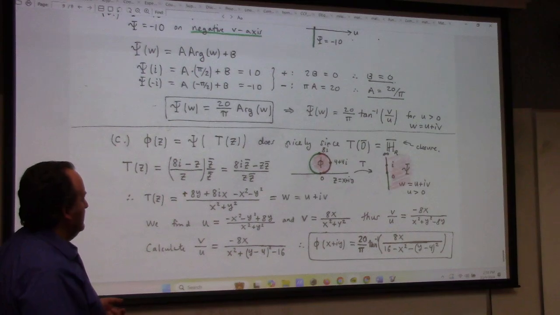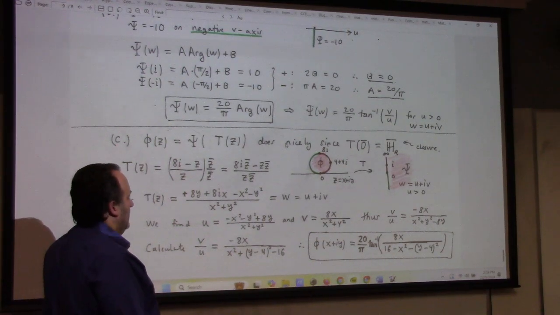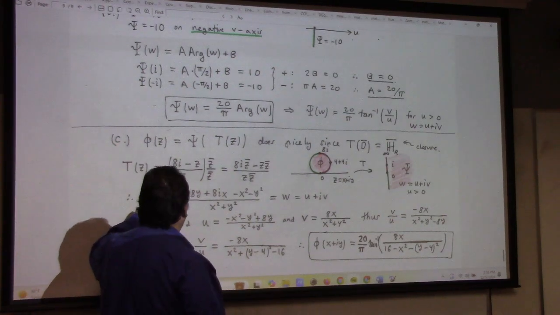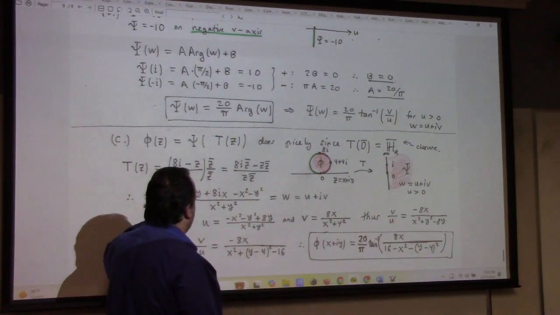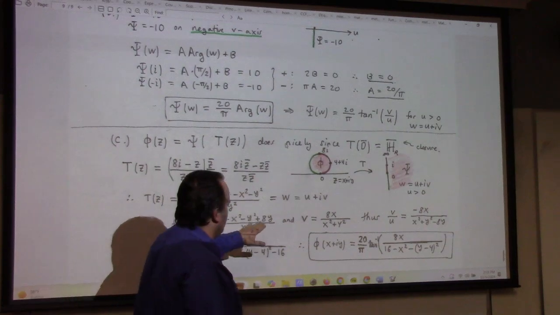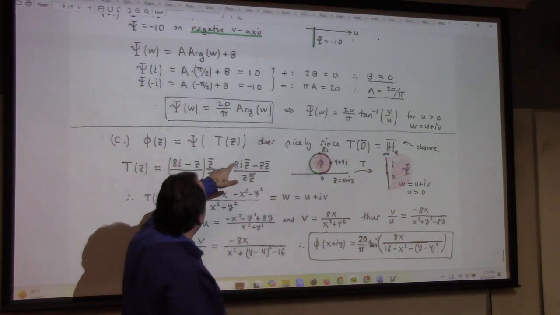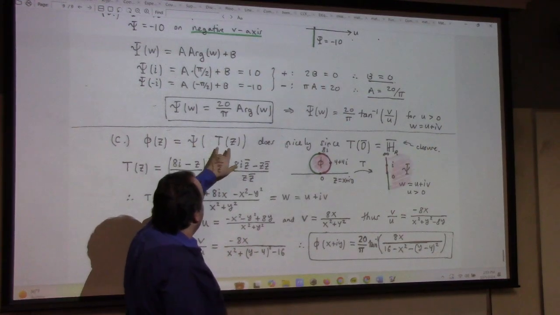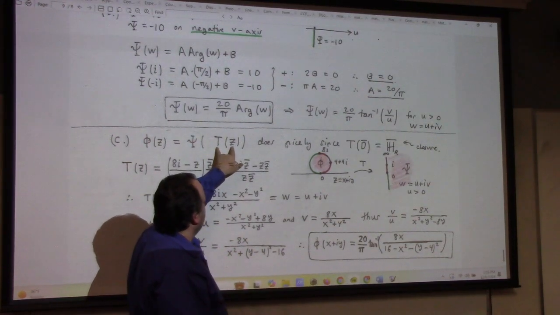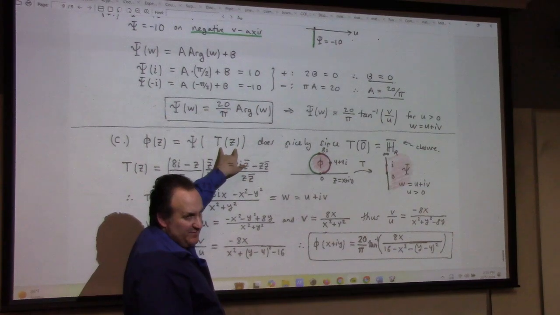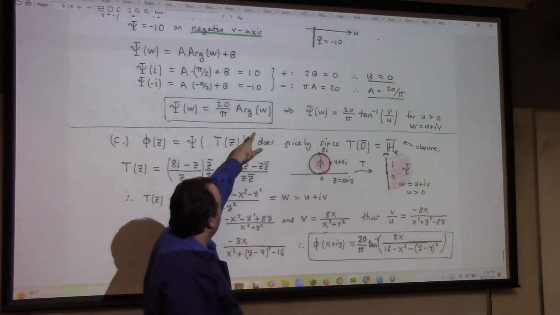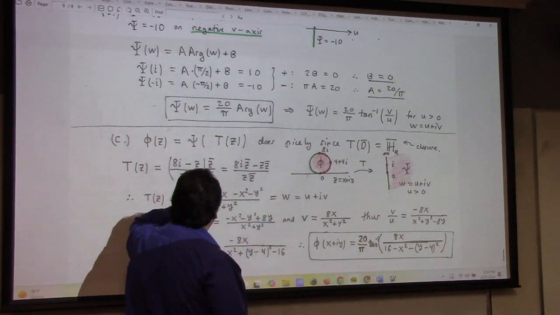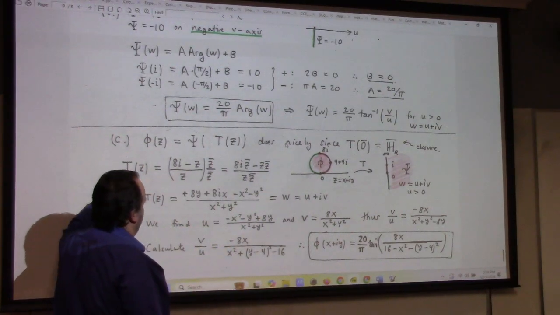The reason I'm doing that is so that once I find the Cartesian formula for T, I am identifying that as U plus iV that I'm sticking into the formula for psi, right? So in order to make this substitution, I have to understand the formula for T of Z nicely enough to identify what the real part and the imaginary part of the W that I'm plugging in are. So that's why I'm doing what I did here.